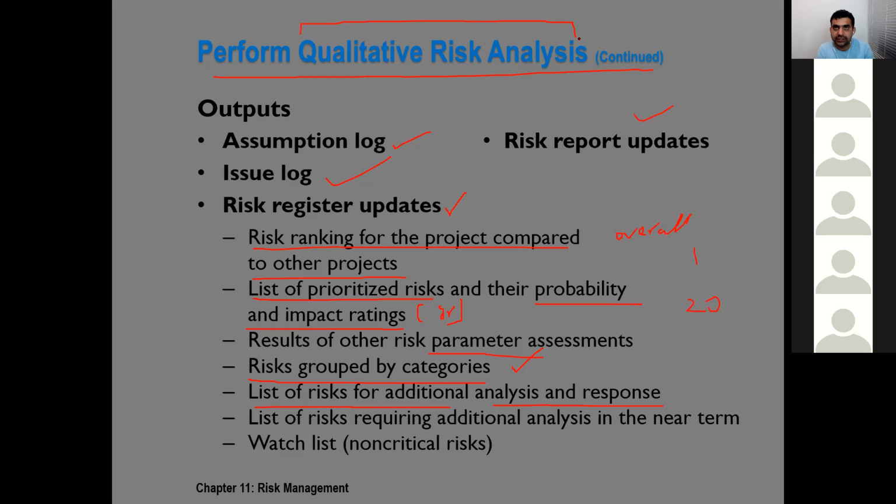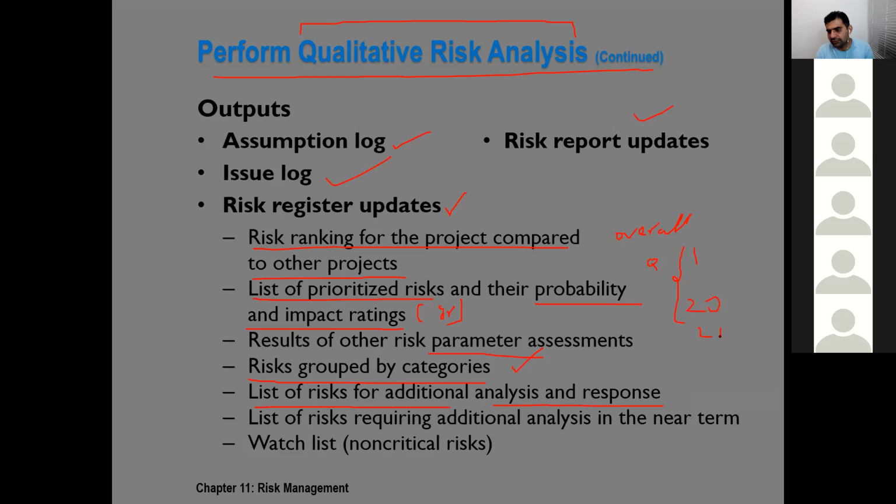Are we going for quantitative analysis or not? Maybe we are not going at all. It's more than enough, enough risk management is done. Or maybe we are going to do it for a few top risks. So maybe for the top 1 to 20 risks, we go for quantitative analysis.